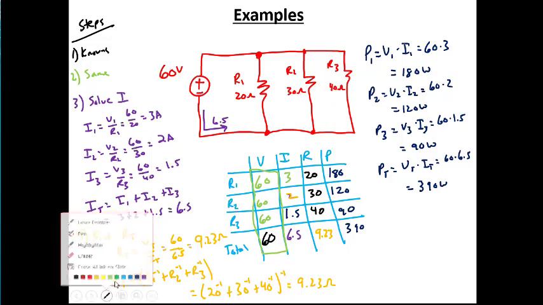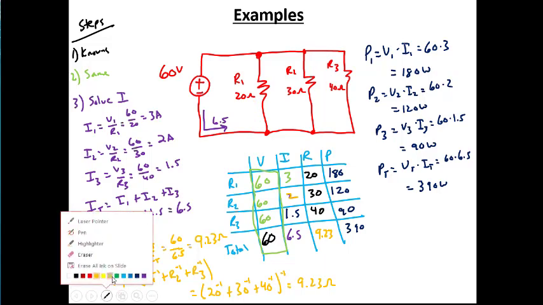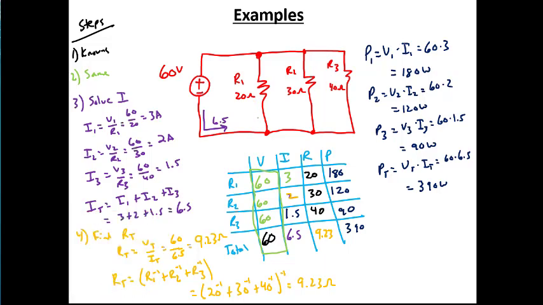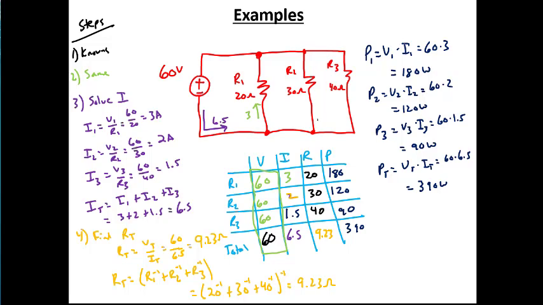All right, so let's look here at the circuit and see what's happening. So 6.5 goes into this first node, and 3 amps are going to go up. That means the current that goes here is going to be 6.5 minus 3, which is 3.5, which isn't one of our currents.